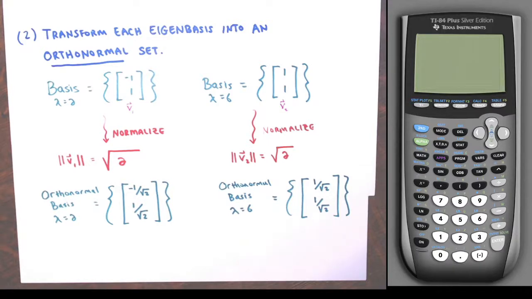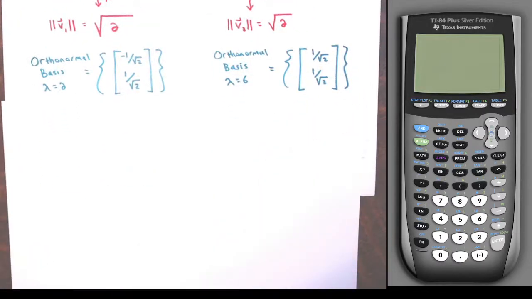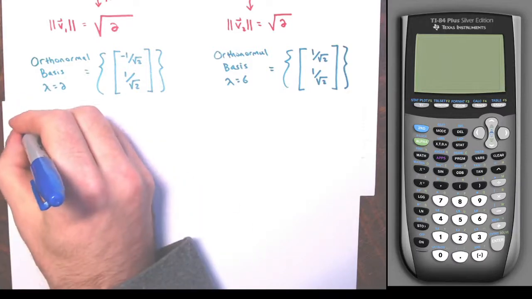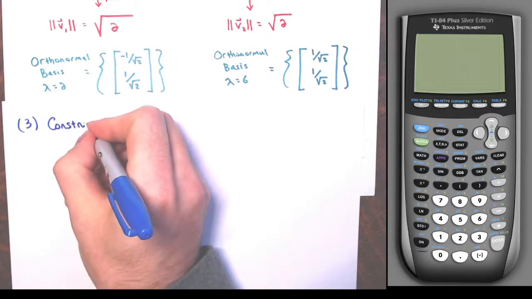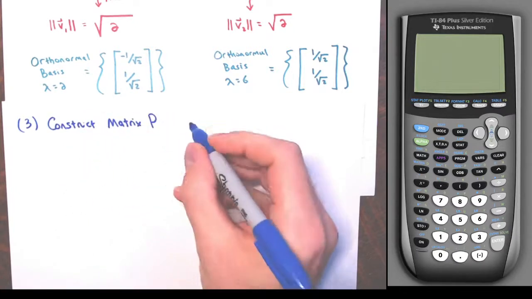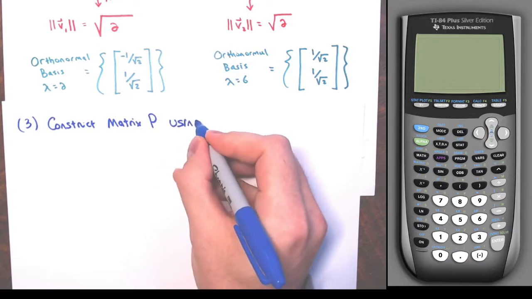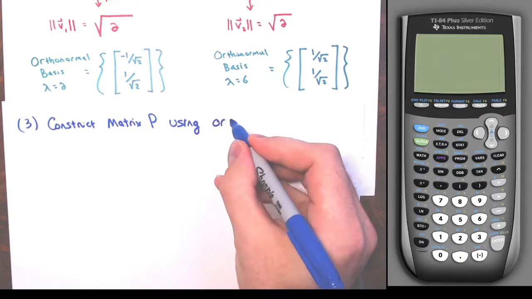Then finally, part 3, we get our matrix P. Construct matrix P using the orthonormal basis vectors as columns.